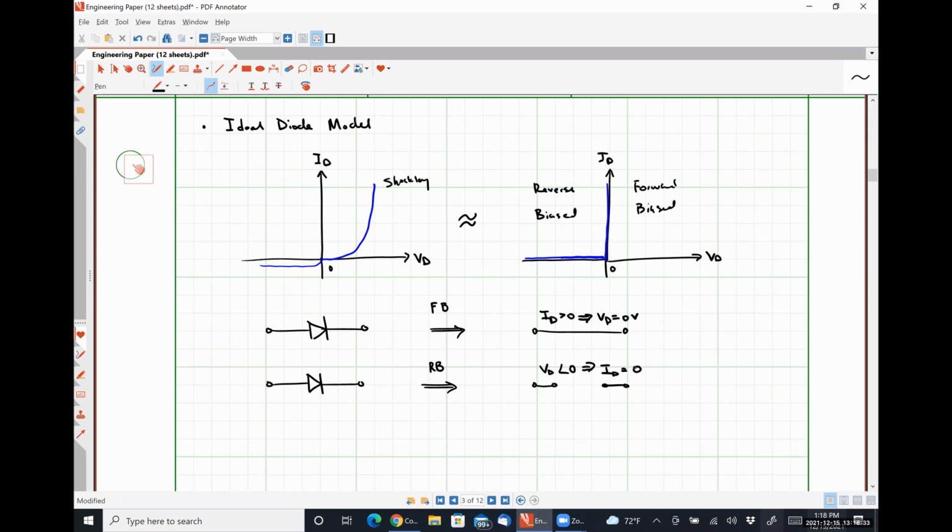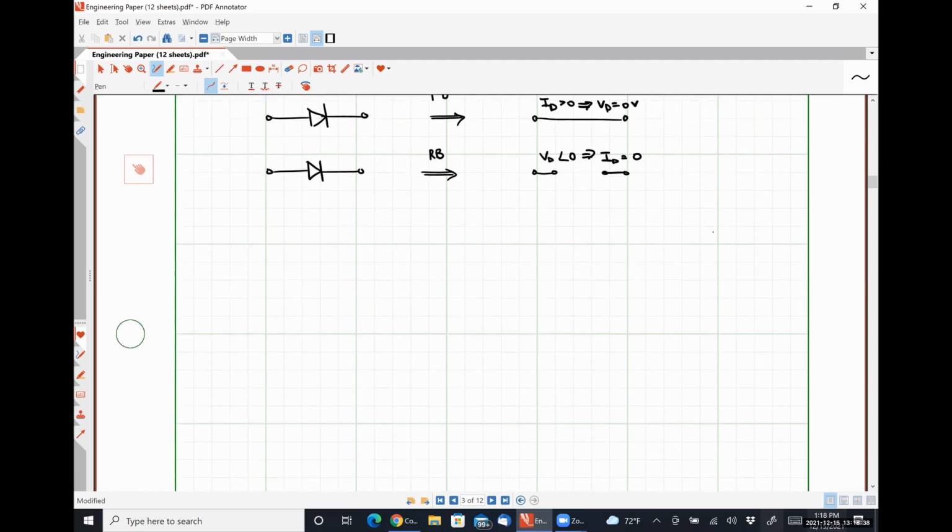So if we apply the ideal diode model to our example that we worked, let's start by looking at it with diode D1 is off. And off means that we're in a reverse bias condition.